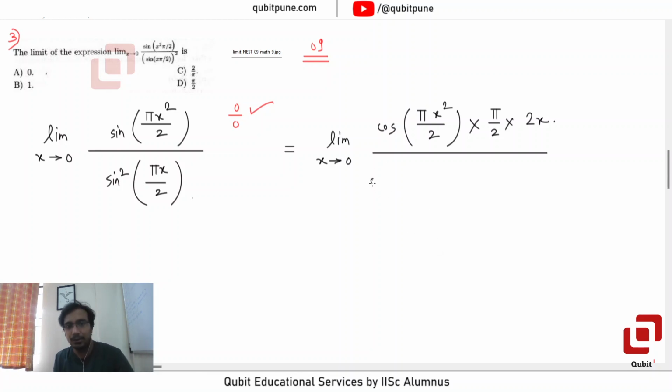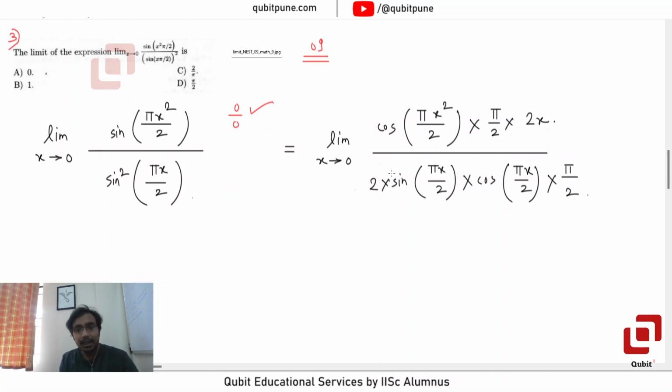So it will be 2 sine pi x by 2 into cos pi x by 2, because first we have taken the derivative of squared. So now the inner function is sine, its derivative is cos, and then this should be multiplied by the derivative of pi x by 2, which is pi by 2.